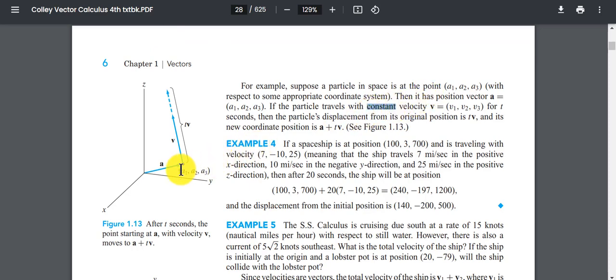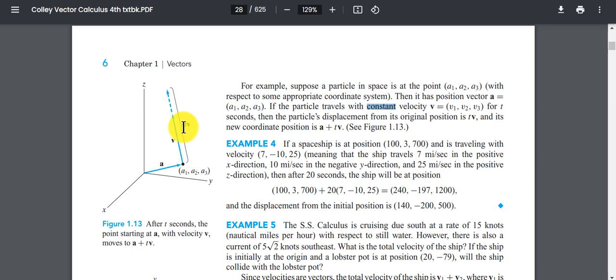So where is it? Well, it starts out here, so we can say this is the initial position, represented by this vector, not by this point. We can also say by this point, but I want to use the vector view of things. So represented by this vector, and then we add the velocity vector to that.